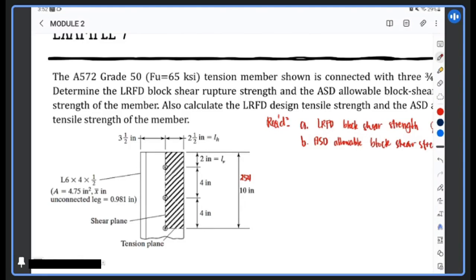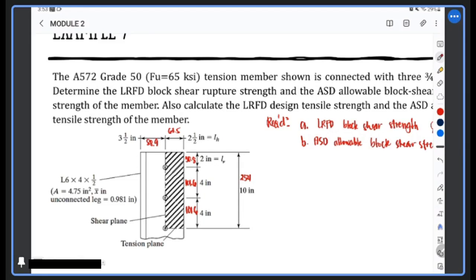I will go and compute for the rest. This is 50.8. 101.6. So kapag pinag-add mo yung tatlong yan, this should be equal to 254. 88.9.